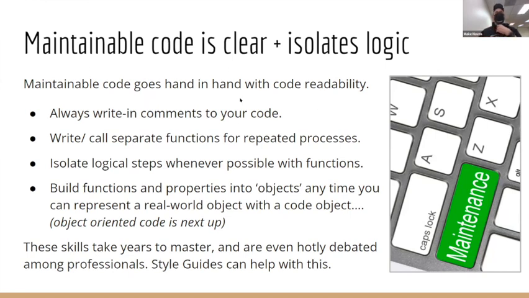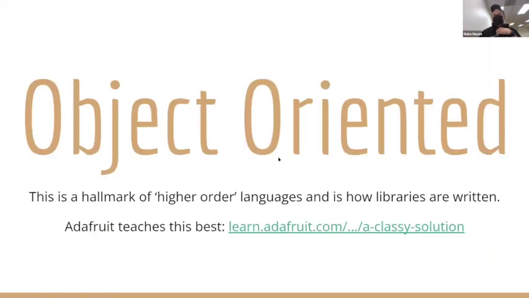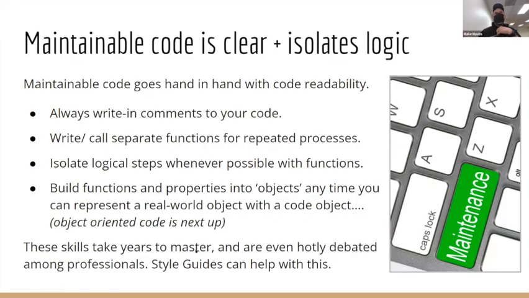And so maintainable code that's clear should have comments in it. You should write separate functions for repeated processes. That's more maintainable. To do something repeatedly from a function is a lot better. Isolate logical steps if you can. If you've got different functions that you're working on, that can be really helpful.